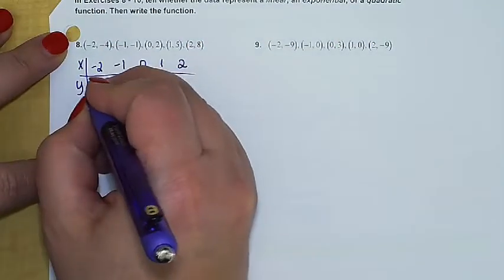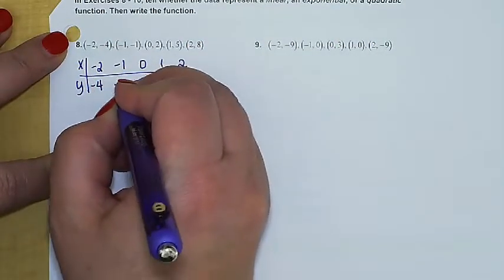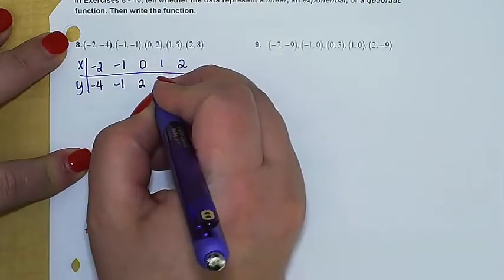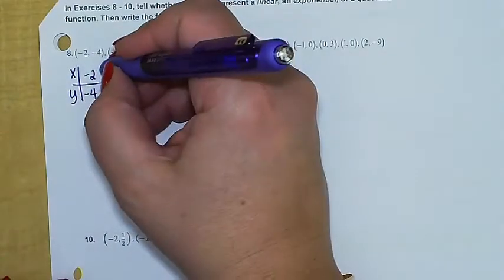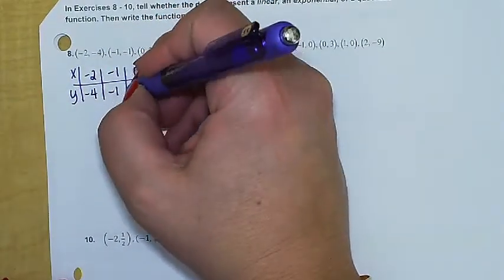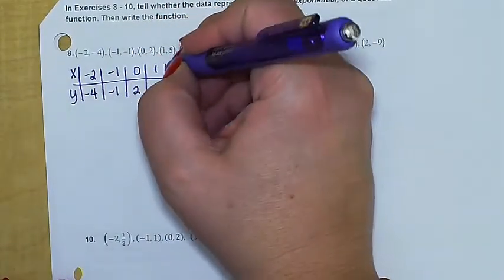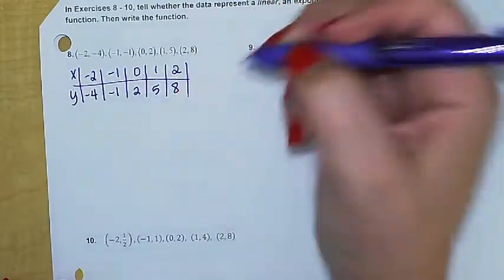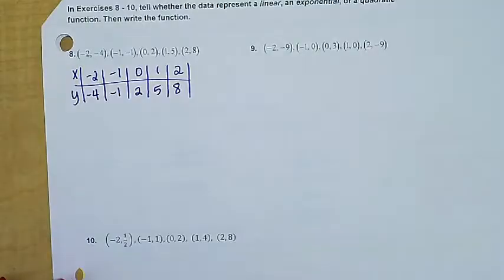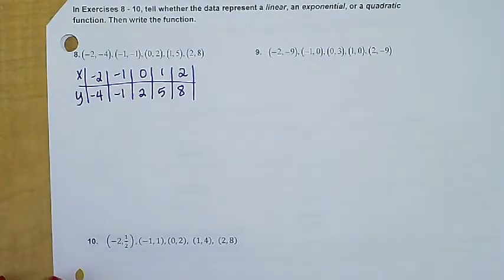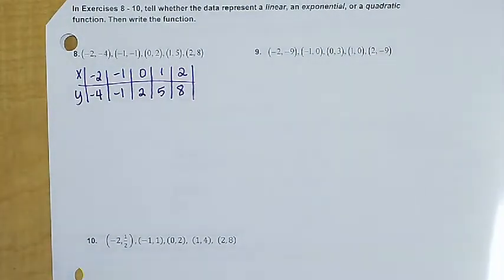And then the -2 is paired up with a -4, -1, 2, 5, and 8. And I don't know about you, I think that this makes it a lot easier for me to work with this data. Just make a quick table of these values. And then the rest of this work becomes exactly what we did a moment ago. So try this one. Go ahead and press pause and then see if you can determine what function family this actually belongs to.